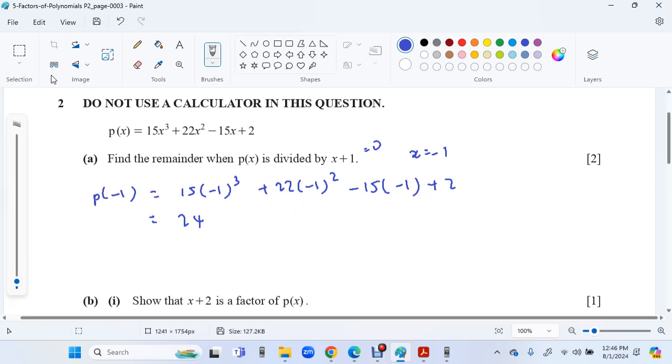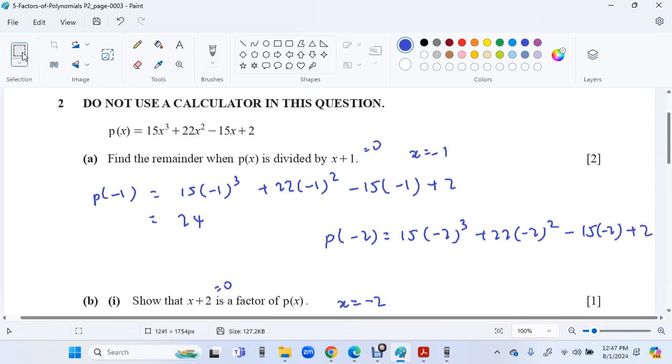Okay, so we need to show that x plus 2 is a factor. So just now, what we do is we are using the remainder theorem. So this is equal to 0, then x equals -2. So p of -2 is 15(-2) cubed plus 22(-2) squared minus 15(-2) plus 2.